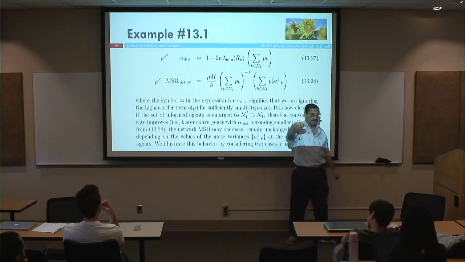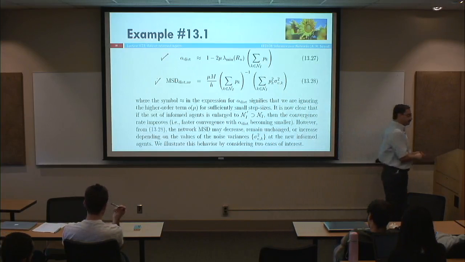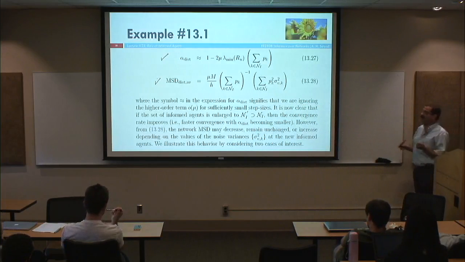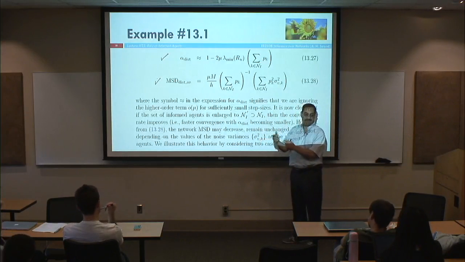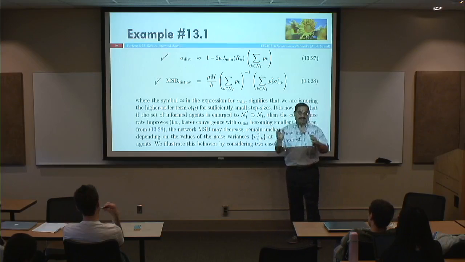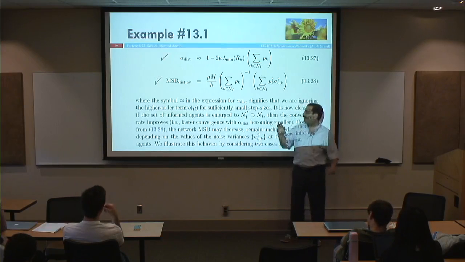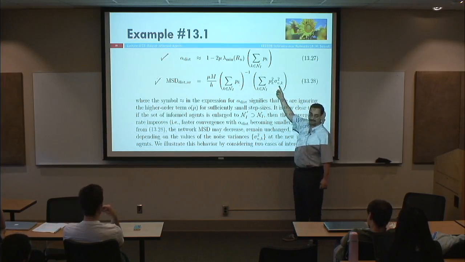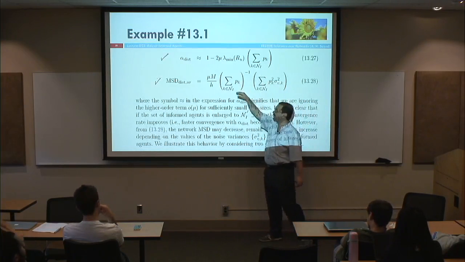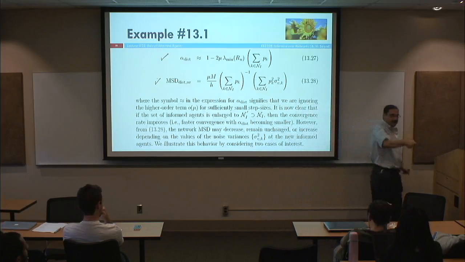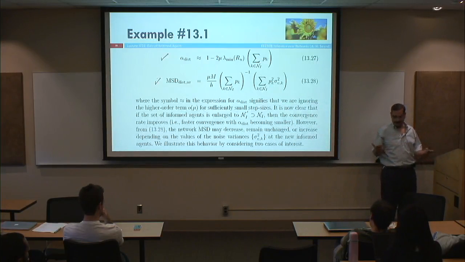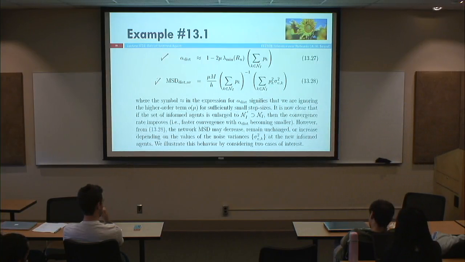I'm adding a new agent, I'm making it informed. So the new MSD will be better than the old MSD if it is smaller. This is now a simple algebraic question. If I add a new P and a new sigma, when will the new expression be smaller than the previous expression? You can find conditions on the new P and the new sigma. Just simple algebra.